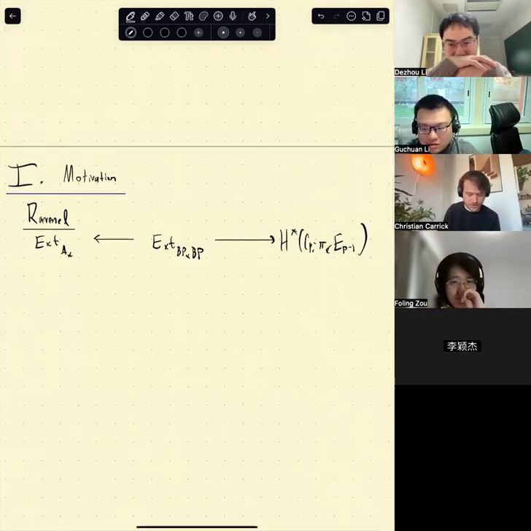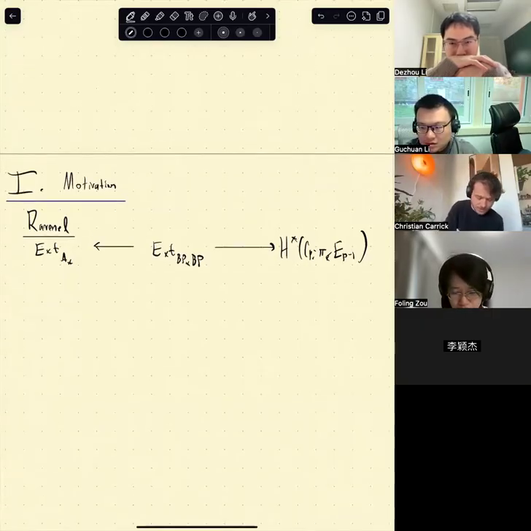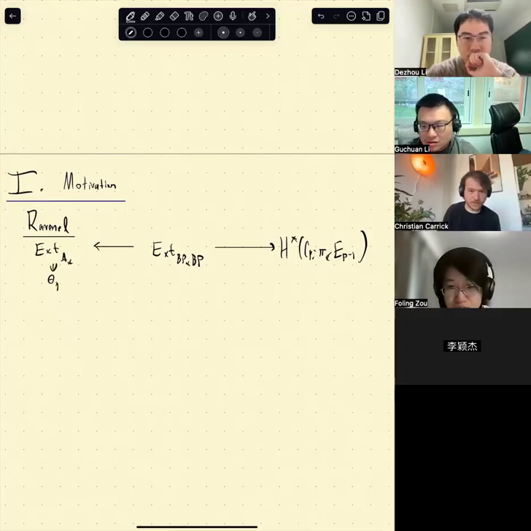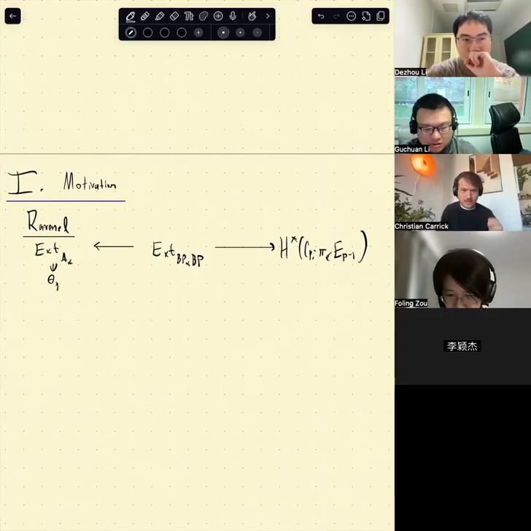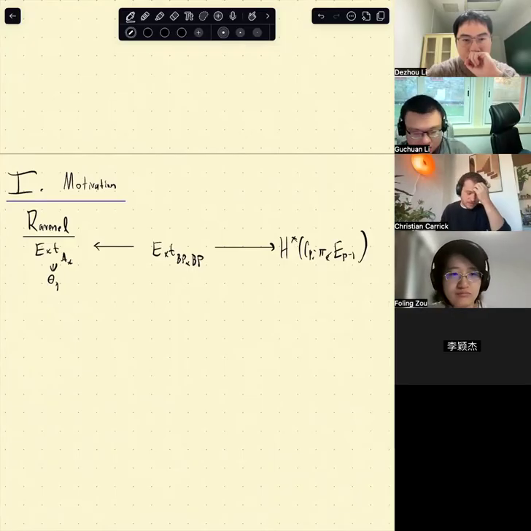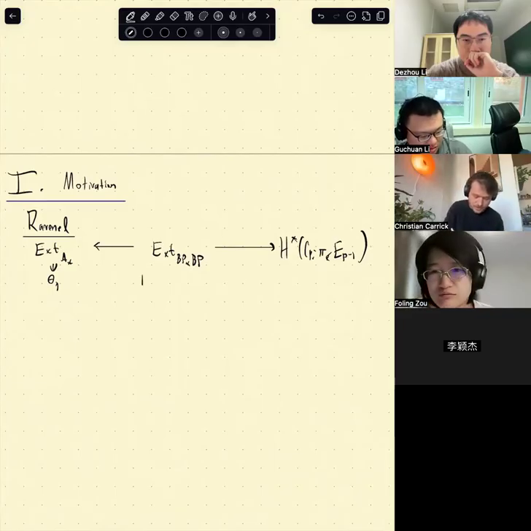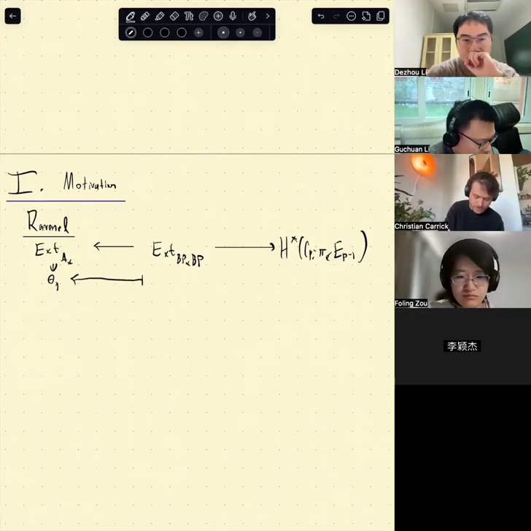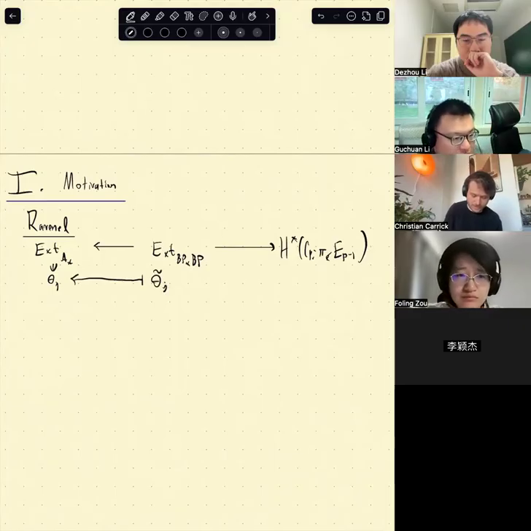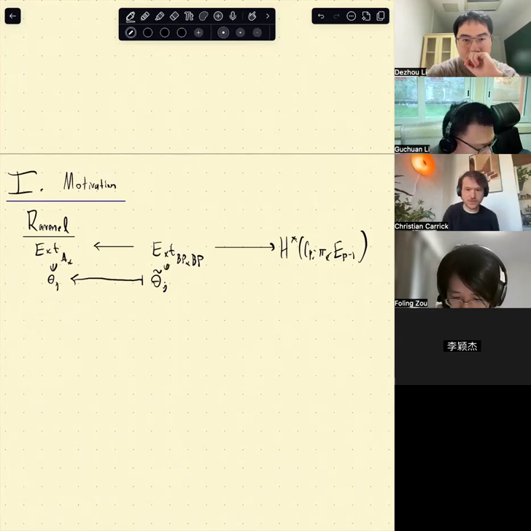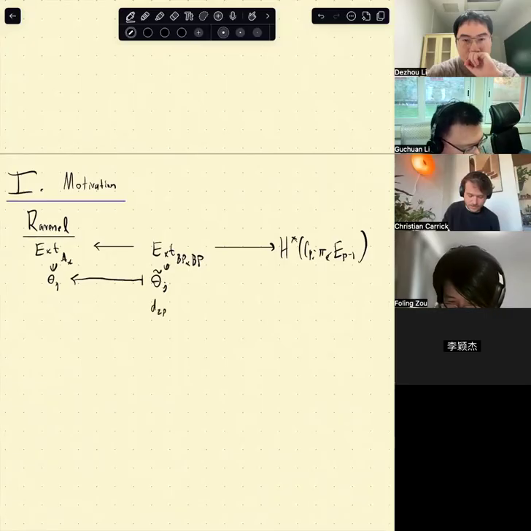And okay, so his strategy was as follows. The Kervaire invariant classes were some classes on the E2 page of the Adams spectral sequence called theta_j. And the question was whether they are permanent cycles in that spectral sequence. What he showed is that if you take any lift, let's call it theta_j tilde, along this map to the Adams-Novikov E2 page, that this lift would support a differential.